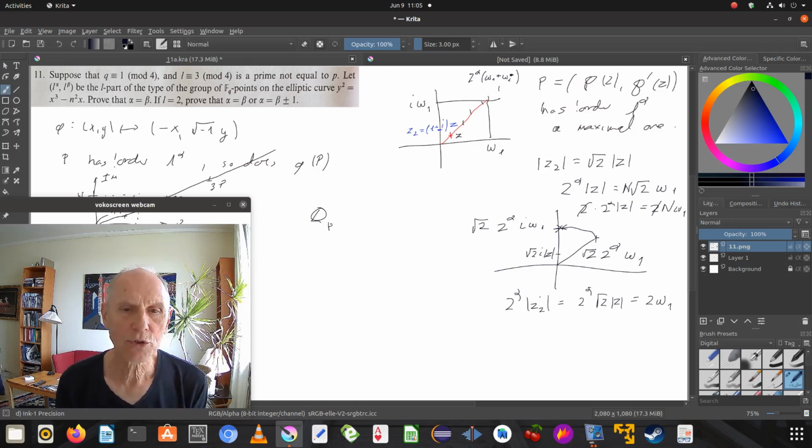And what I think we should use is the fact that if we apply phi twice to a point, then the first time we get minus x point square root minus 1 y, and the second time we get x point minus y. So that's the opposite of the original point.